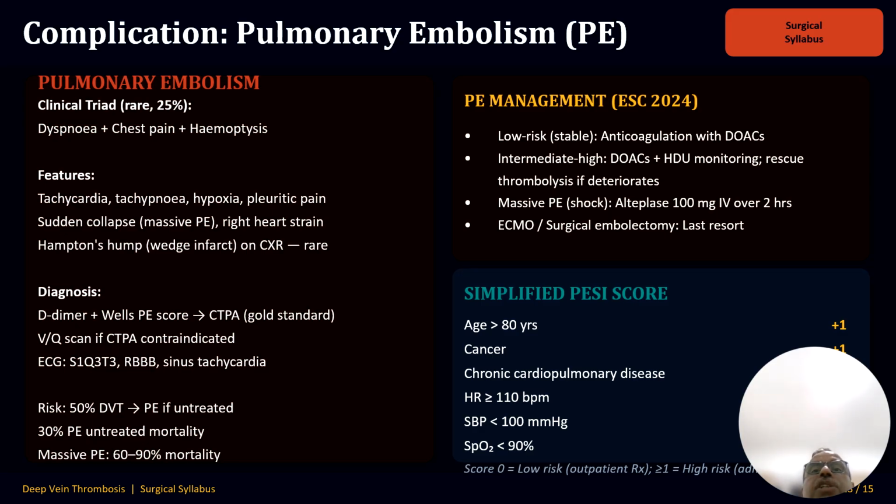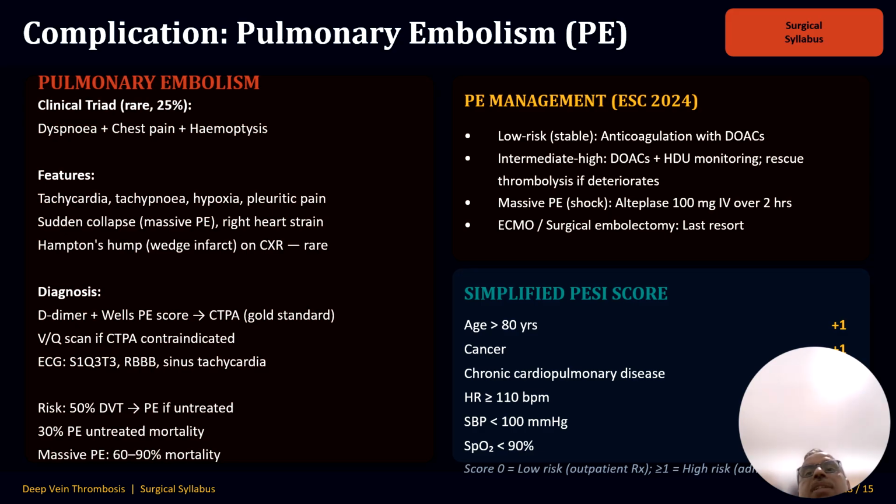How to manage a patient with pulmonary embolism? Low risk patients who are stable, give anticoagulation with DOACs. Intermediate to high based on Caprini risk scoring system, DOAC plus high dependency unit monitoring. And massive pulmonary embolism with shock, patient would require alteplase 100 milligram IV over 2 hours. Surgical embolectomy would be a last resort.